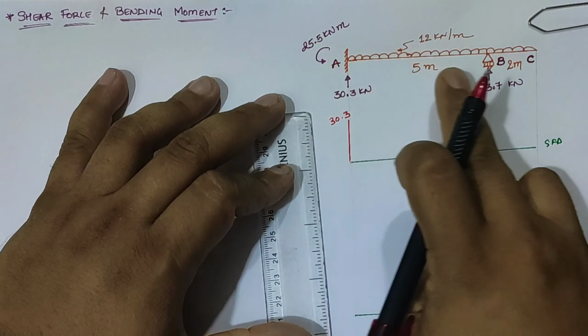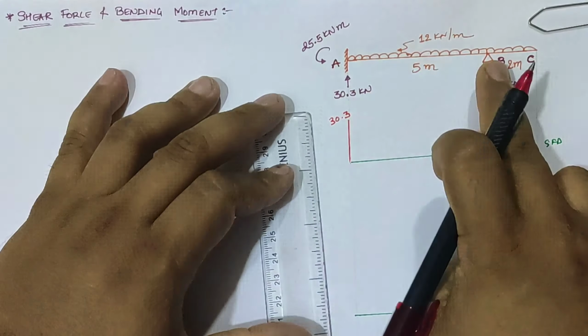Now from A to location B, just before point B, it is 30.3 minus 12 into 5, which is minus 29.7. According to the shear force value, we connect it by an inclined straight line for the UDL, hence the diagram is as shown in the figure.